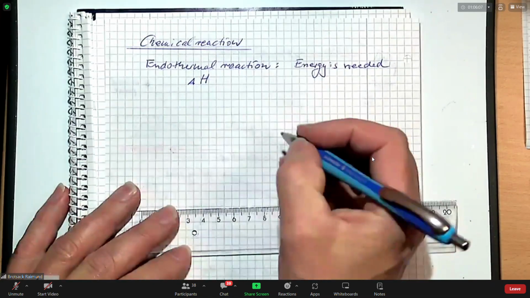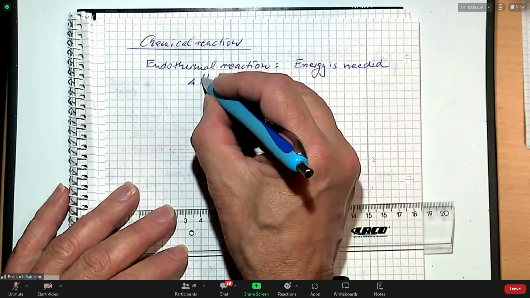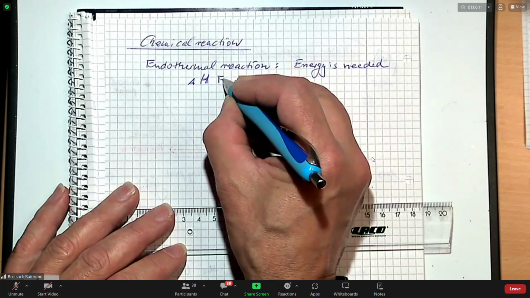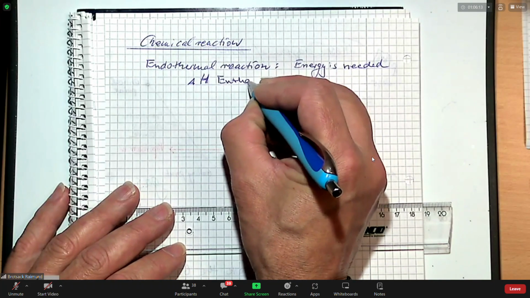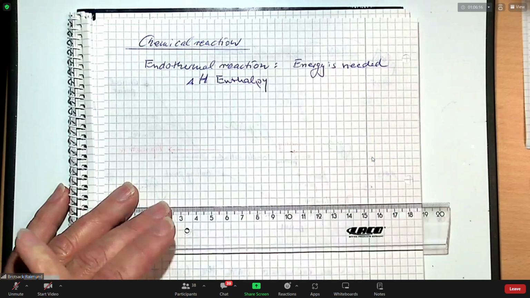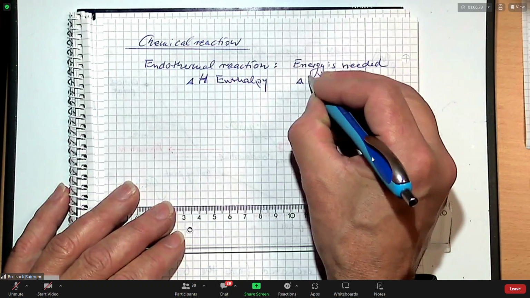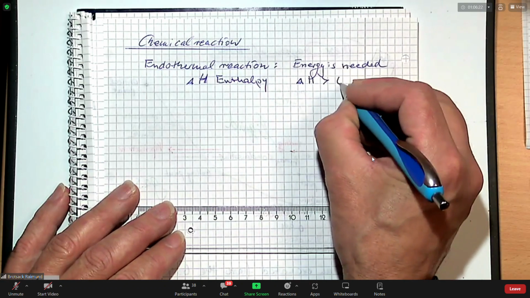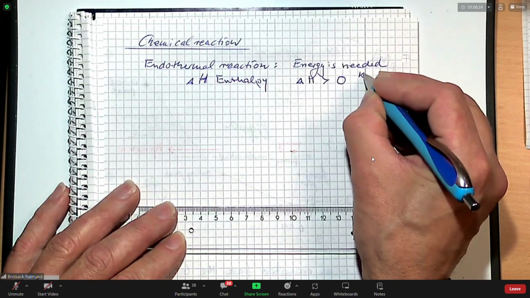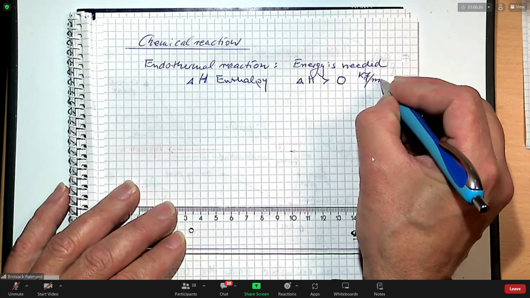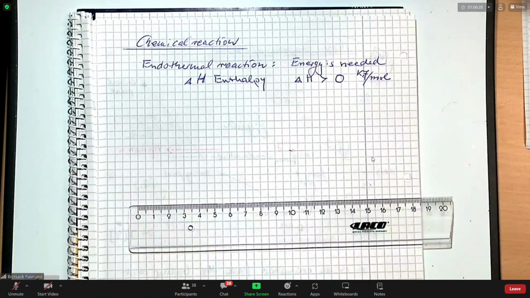It's the enthalpy, or the difference of the enthalpy, delta H. And if the delta H is above 0, the unit is kilojoule over mole. That means we need energy. We need an investment of energy. That's an endothermal reaction.